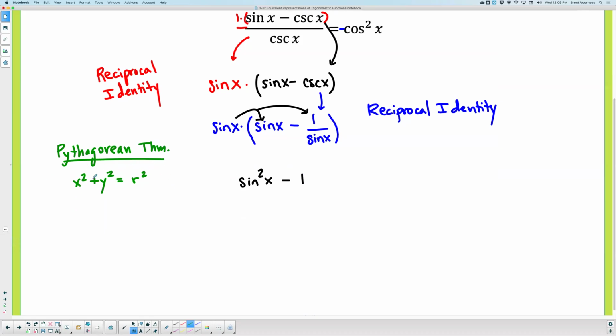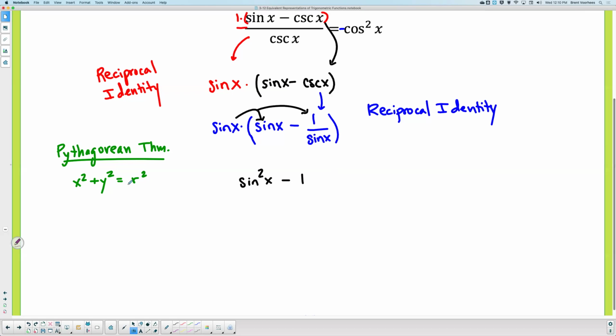How do you get to the identities? You don't have to memorize them from the previous slide. You just need to memorize this and know what your ratios are. What is sine's ratio by itself? Y over r. So sine squared is y squared over r squared. So here's how you figure out what this will become.